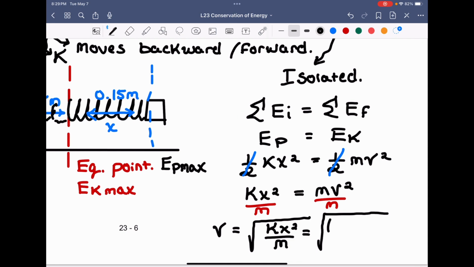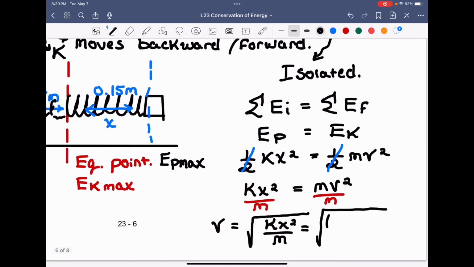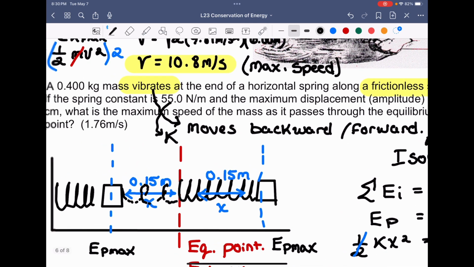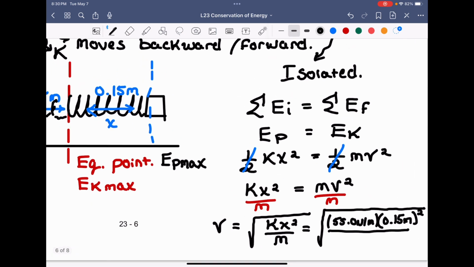The k value was, I want to make sure I get this right, 55 newtons per meter. The x value was 0.15 meters. And we just have to make sure to square it because it was x squared. And then divided by the mass, which was 0.4, and this is in kilograms.